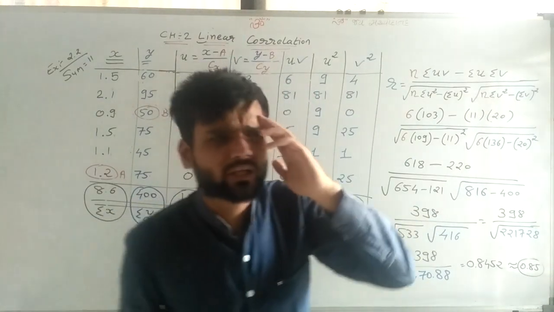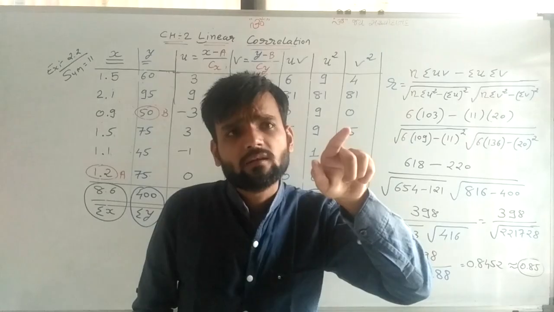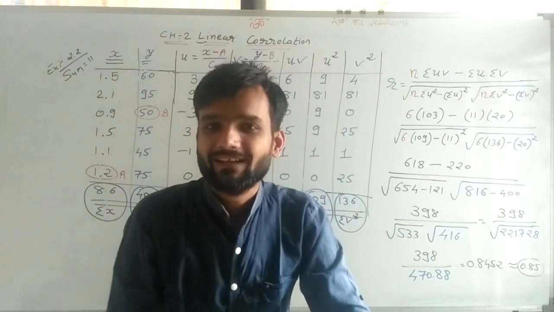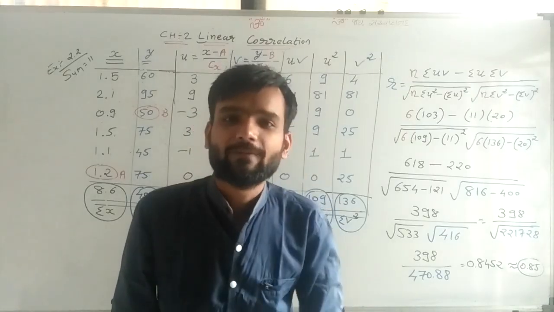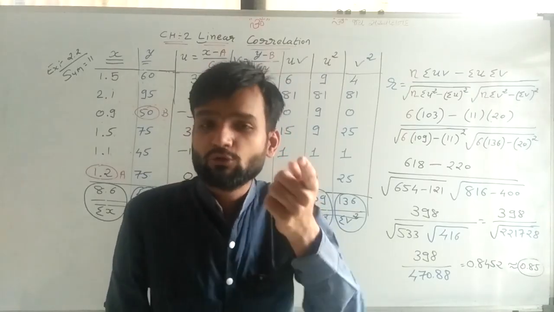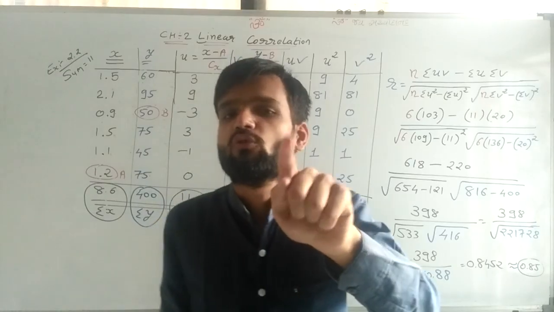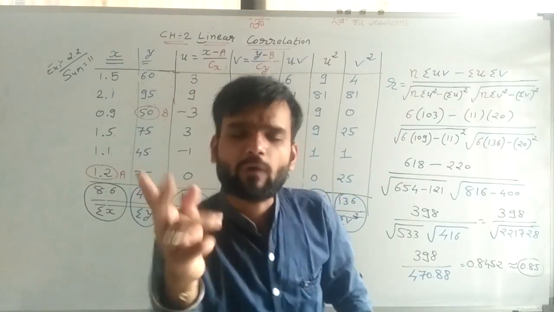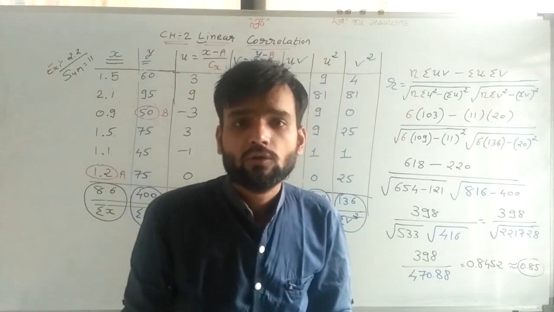So the first rule is clear. Second thing: in which situation do we use the second formula? In the second formula, think, sigma xy, sigma x, sigma y are required, and for that you need to find x into y, x square, and y square.